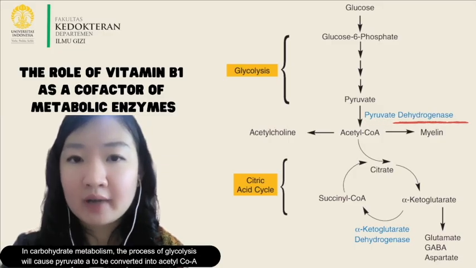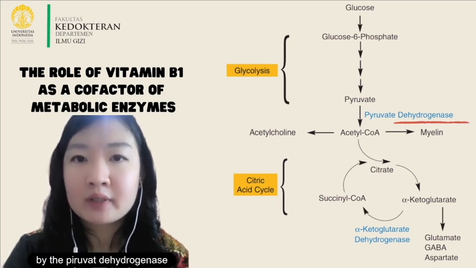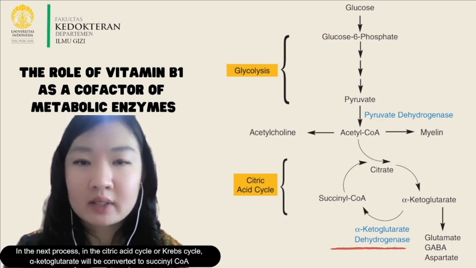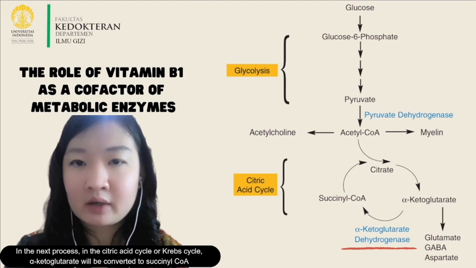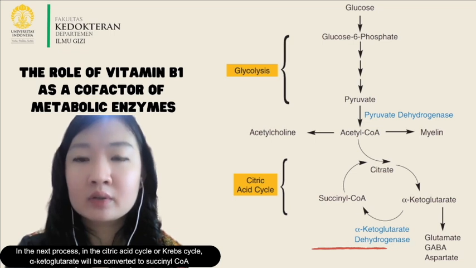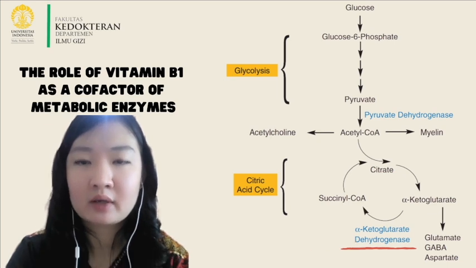In carbohydrate metabolisms, the process of glycolysis will cause pyruvate to be converted into acetyl-CoA by the pyruvate dehydrogenase. In the next process, in the citric acid cycle or Krebs cycles, alpha-ketoglutarate will be converted to succinyl-CoA by the alpha-ketoglutarate dehydrogenase.